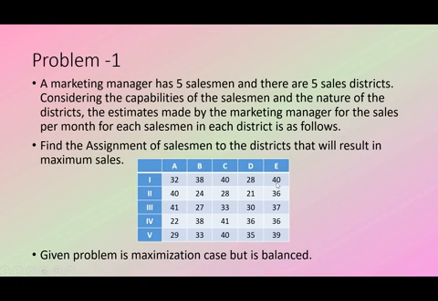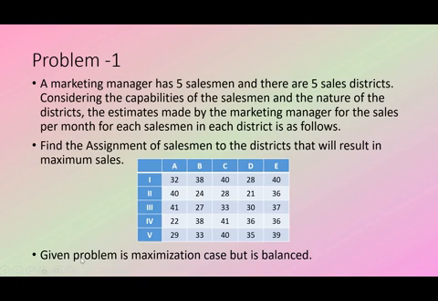So the decision variable here is the amount of sales per month. As a businessman, will you be interested in minimizing the sales or maximizing the sales? Obviously maximizing the sales. So it is a maximization case problem. So find the assignment of the salesmen to the districts that will result in maximum sales.